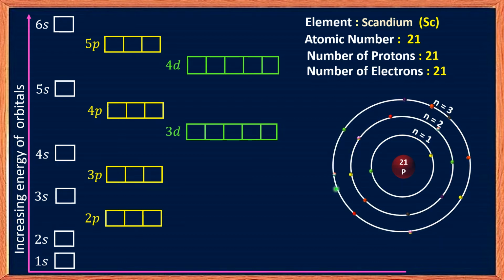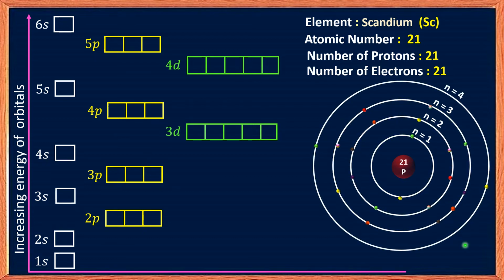In the third orbit there are 9 electrons revolving, and in the fourth orbit, that is in the fourth main shell, we have 2 electrons. So totally 21 electrons are revolving around the nucleus of scandium. Now we have to fill these electrons into various orbitals following the basic rules.